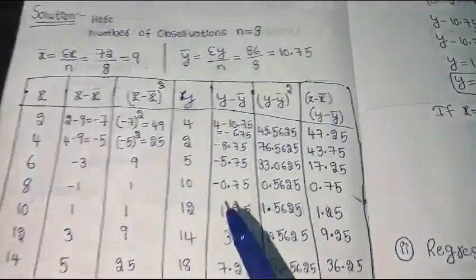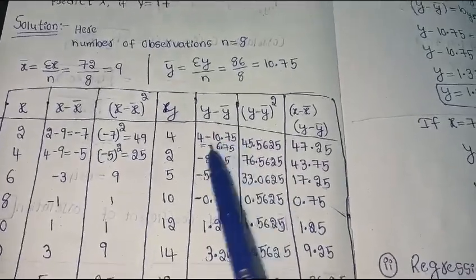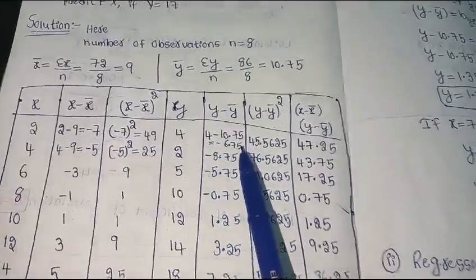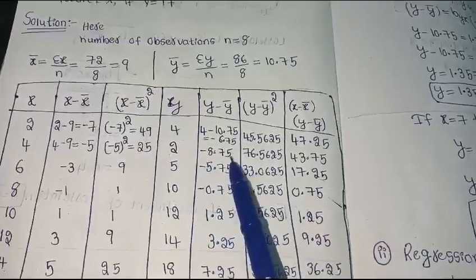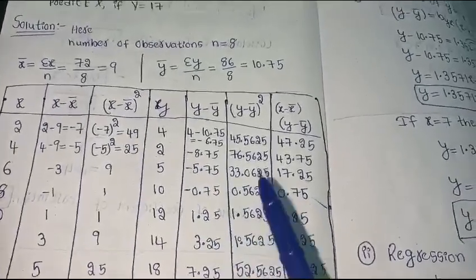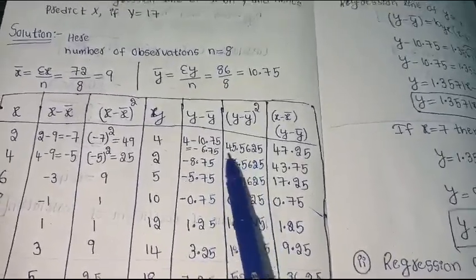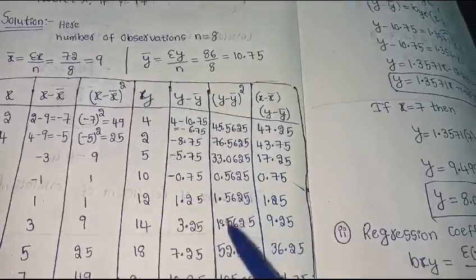Next, similarly we calculate y minus y bar. Here y bar is 10.75. So 4 minus 10.75 is minus 6.75. 2 minus 10.75 is minus 8.75. We calculate every element. Next we do the square. Minus 6.75 whole square is 45.5625. Next we calculate every element as shown here.